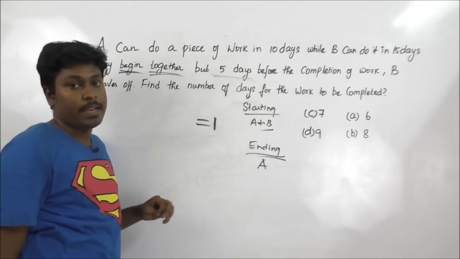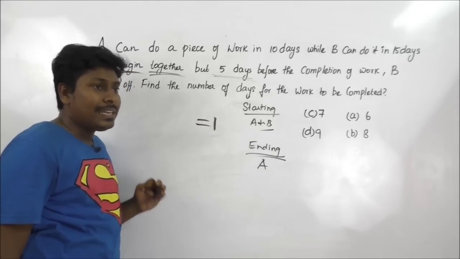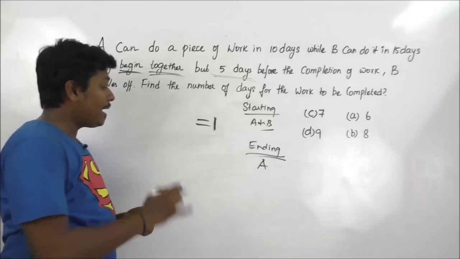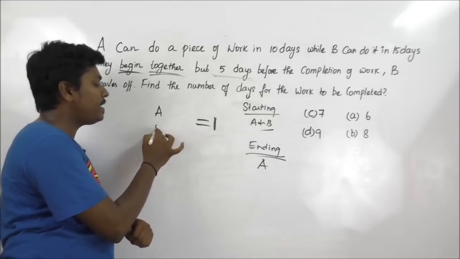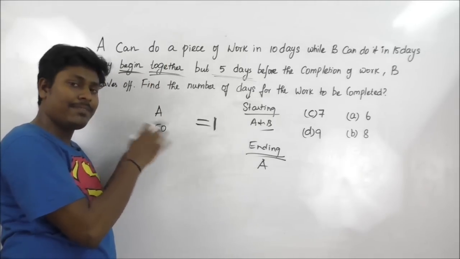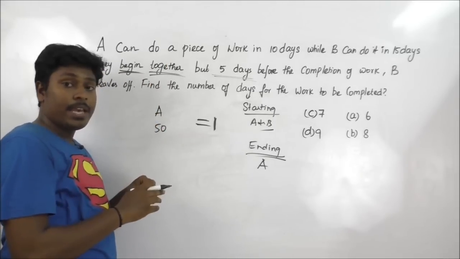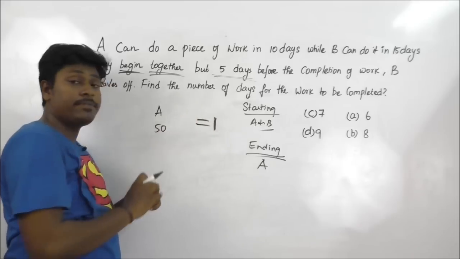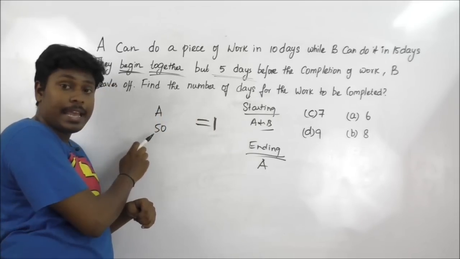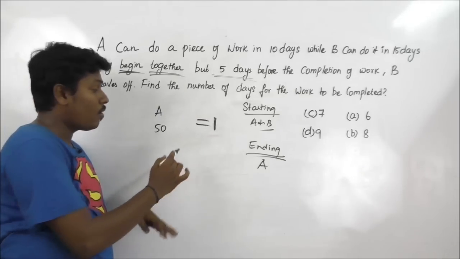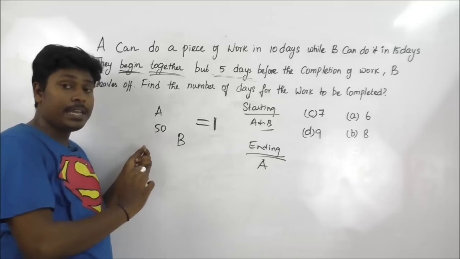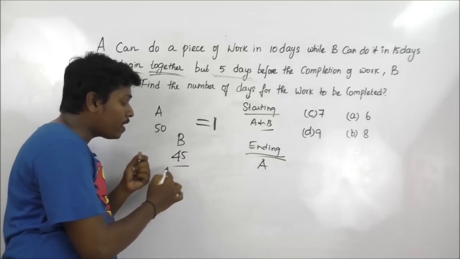We have found that, right? Friends, the third target is to assume any days whatever you need, right? I am just going to put A as 50 days. Don't worry about the question, right? I am just substituting any value. A is 50 days. If this job is completed in 50 days, we know that A should work from the start till the end. He completed the work in 50 days. What about B? When A completes this entire job in 50 days, then B should work for 45 days.